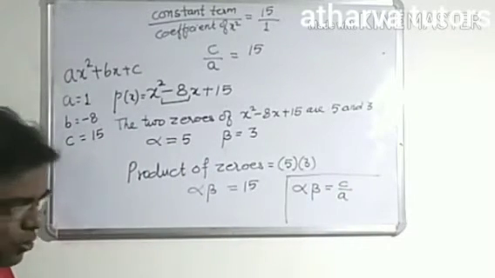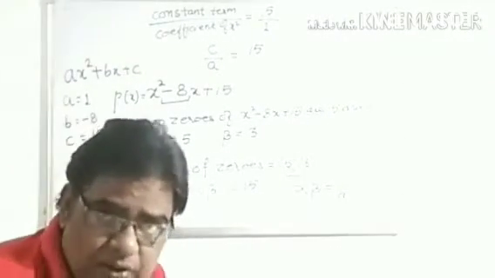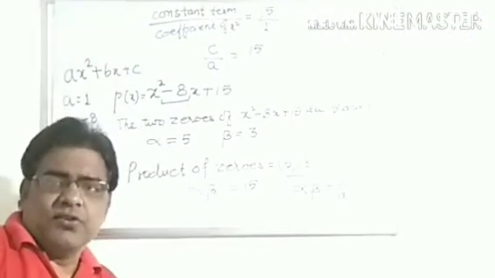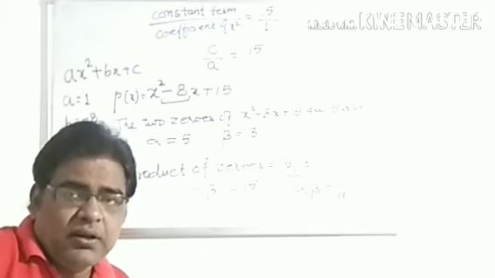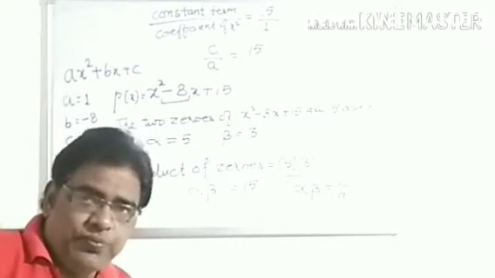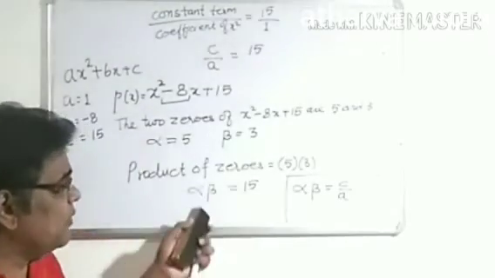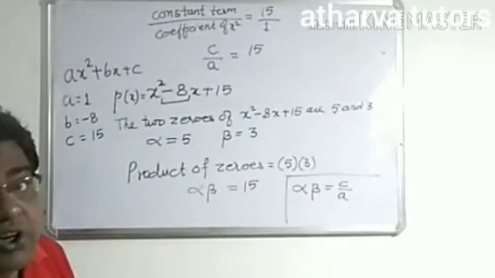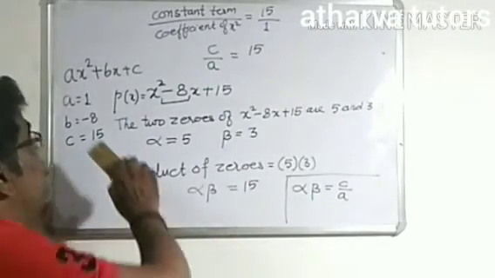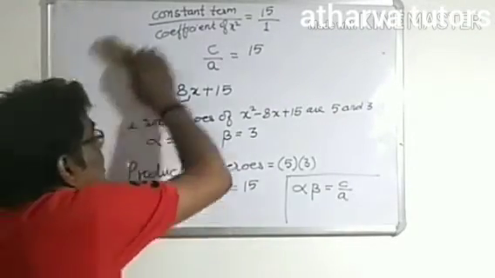So here we got two relations, one regarding the sum of zeros and the other regarding the product of zeros. These are giving us the relationship between the zeros and the coefficients of the polynomial.